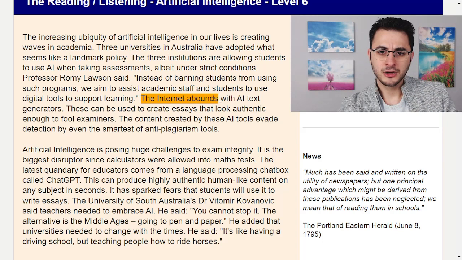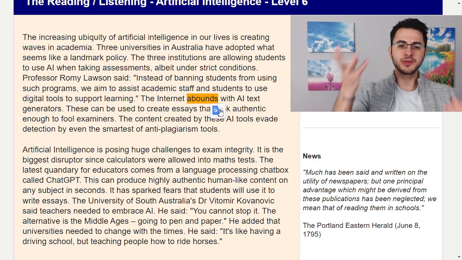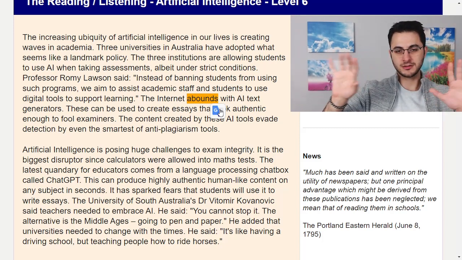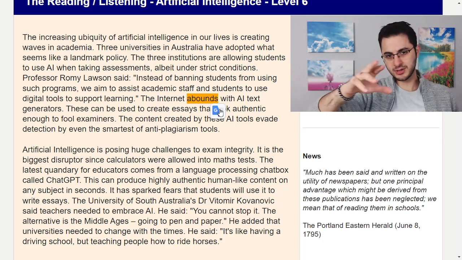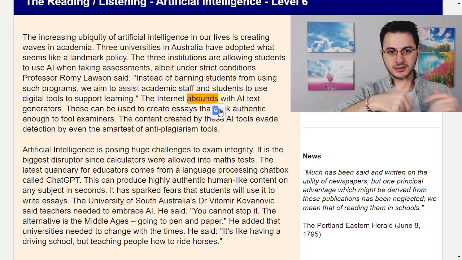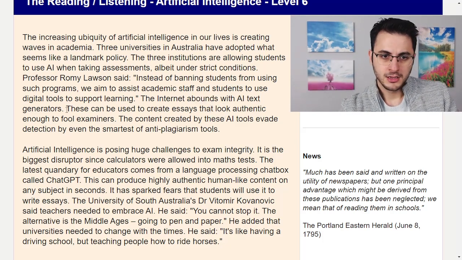The internet abounds with AI text generators. Abounds means it's popping up everywhere, right? You can see those things everywhere. So in this case, the AI text generators are everywhere. You can find them anywhere you want. Those can be used to create essays that look authentic enough to fool examiners.